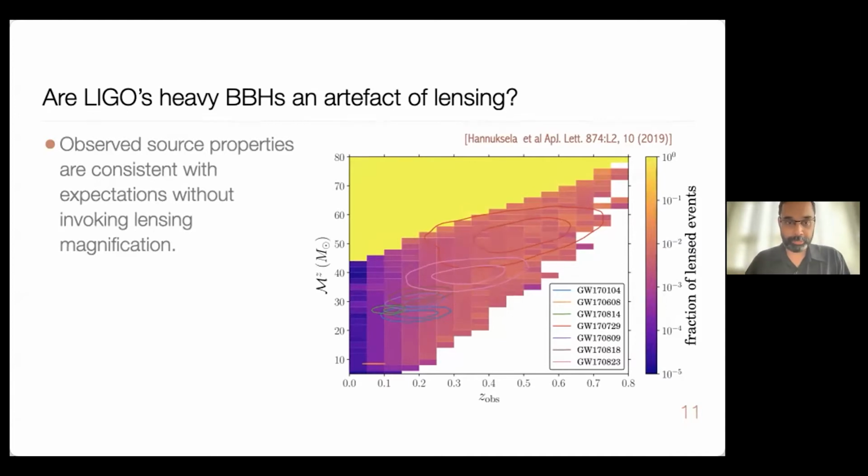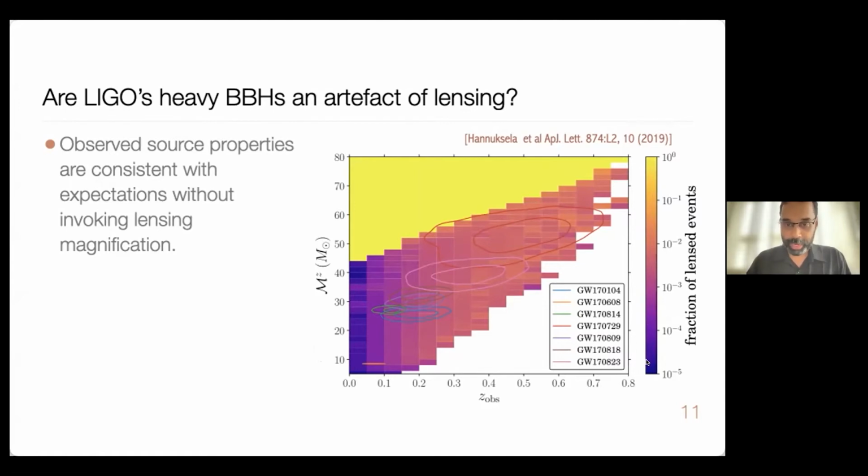Here is a forward modeling of what fraction of the binaries will be lensed if you assume some fairly standard models of the mass and redshift distribution of compact binary mergers and the mass distribution of galaxies in the universe. We ask, as a function of the redshifted mass and the observed redshift, what fraction of the observed binaries are likely to be lensed.